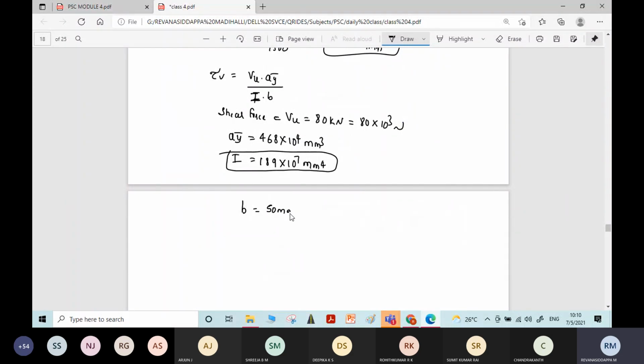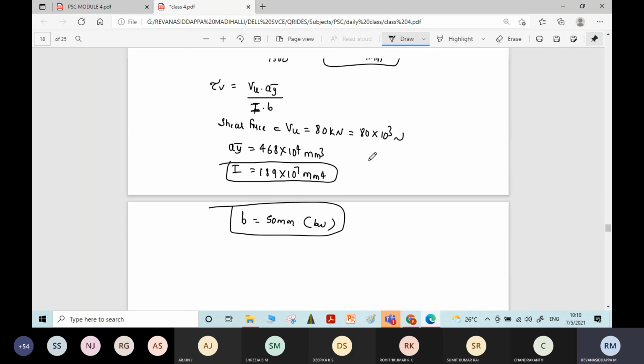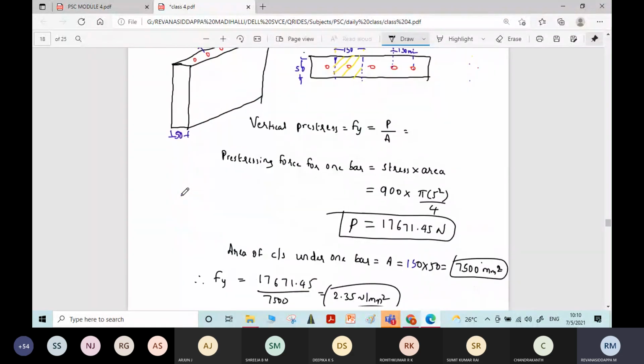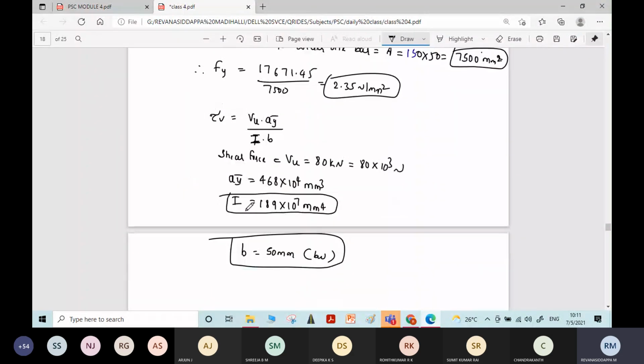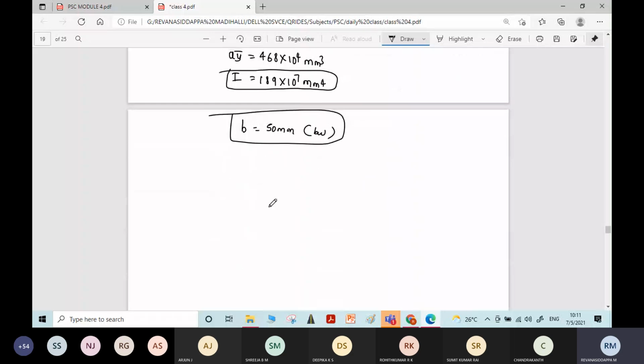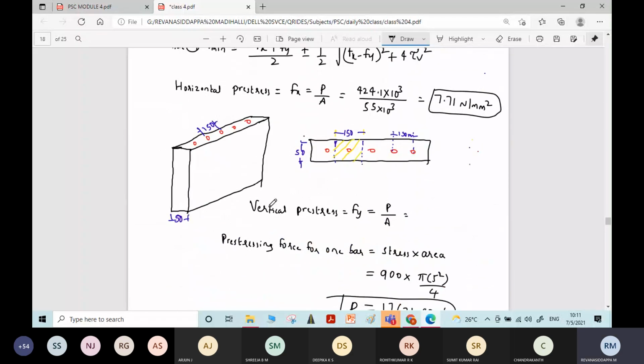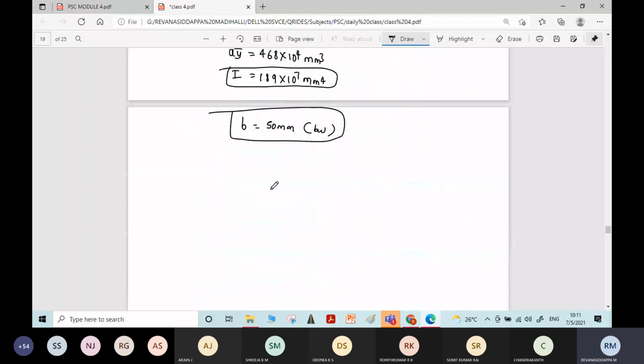Because the pre-stressing steel is given in the web portion only. Even in the horizontal, pre-stressing steel will be given in the web portion only. That is why we need to consider width of web, not the width of flange. Even if it is given, don't get confused. You take width of web only.